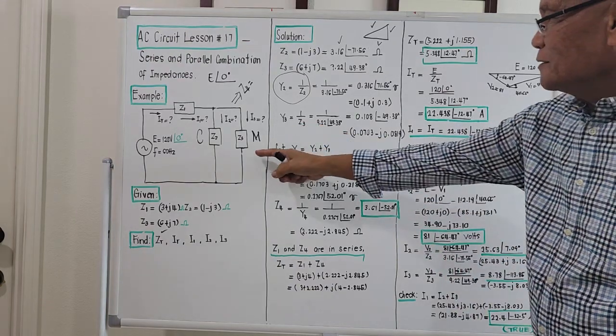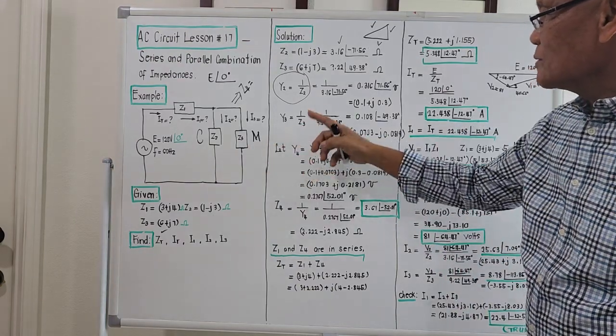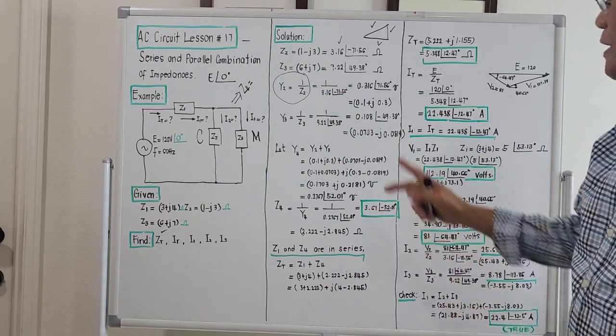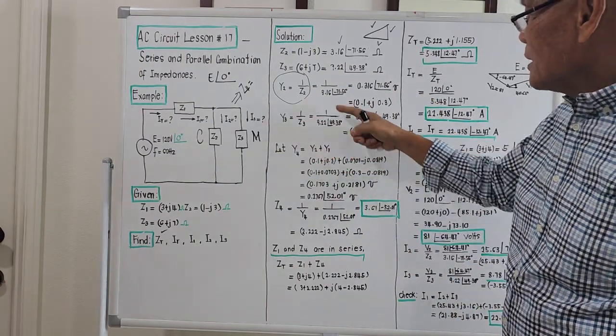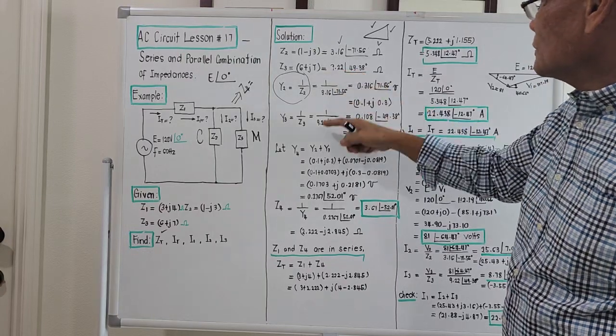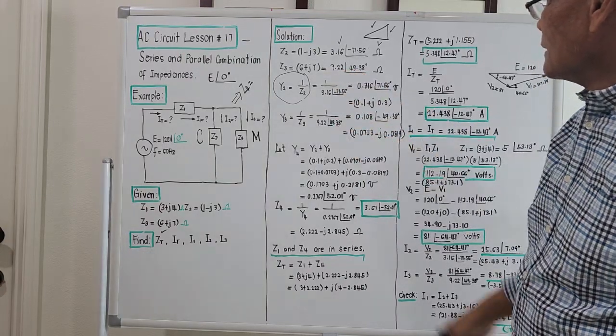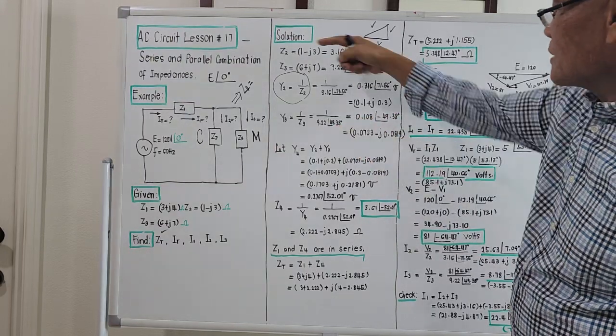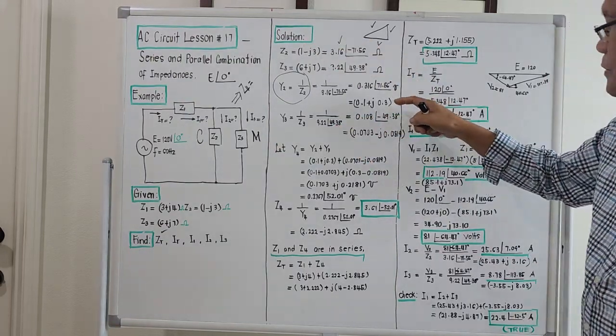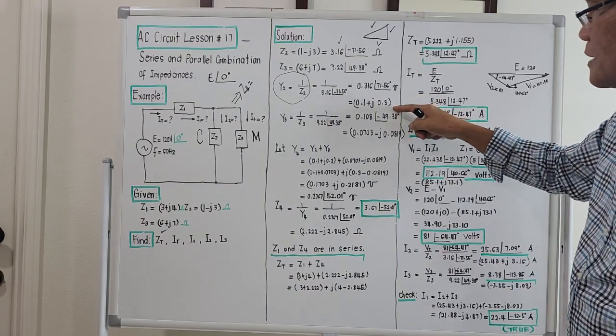For Y3, we know C3 in polar. So admittance number 3, if we try to convert it to admittance, so the value of C3, 1 over C3. 1 over 9.22 at 49.38. So this should be 0.108. This is plus, right? We raise it up. This should be negative 49.38 degrees.